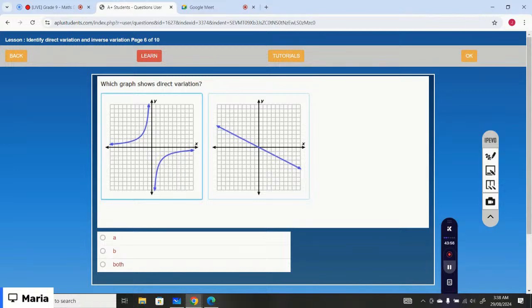Which graph shows direct variation? That is the direct variation, right?